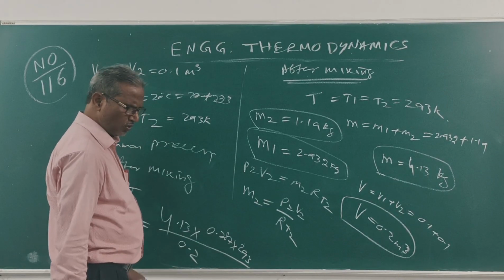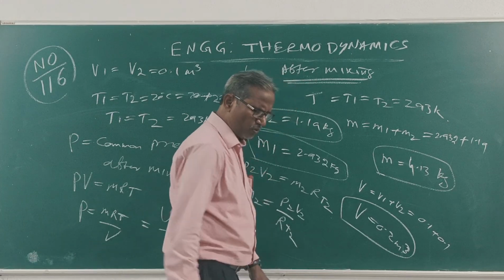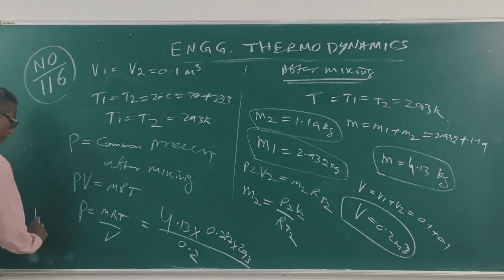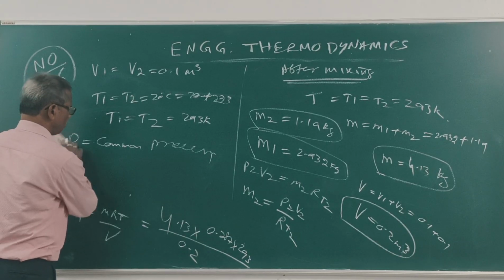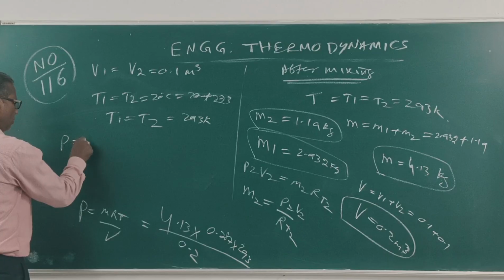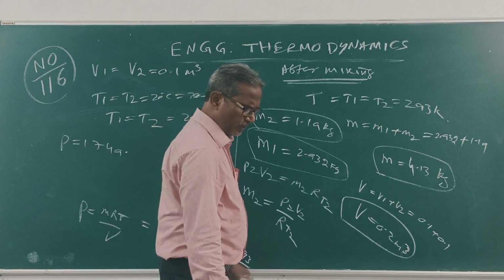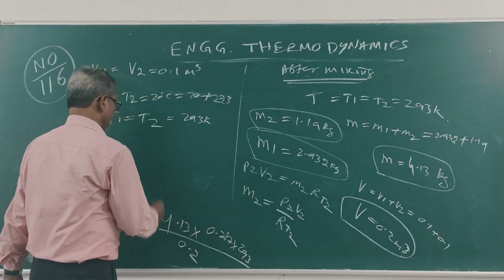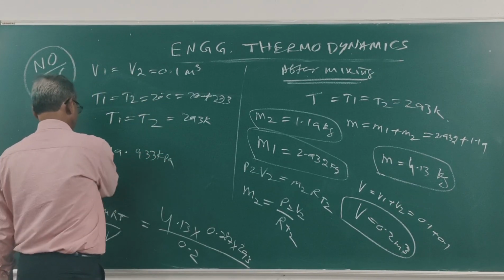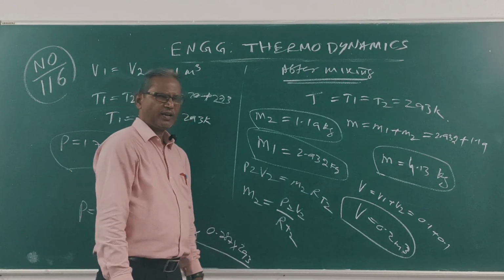Clear? So the answer for P is P is equal to 1749.933 kilopascal. This is P. P, V, T, M, all are found out.